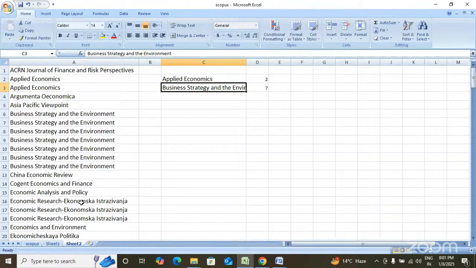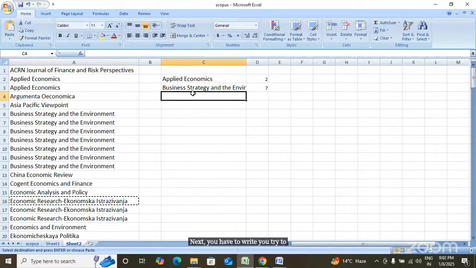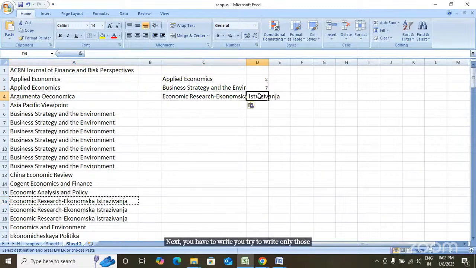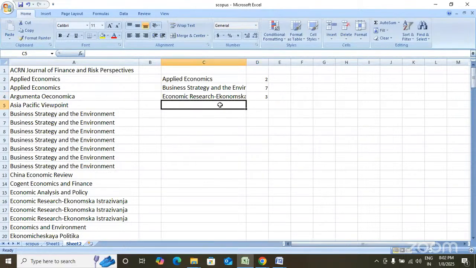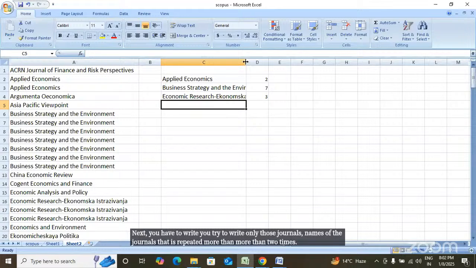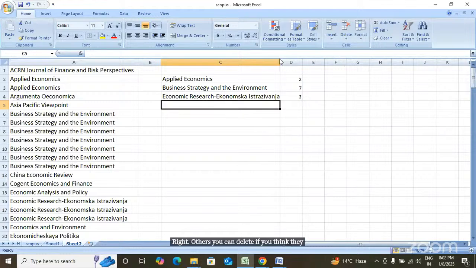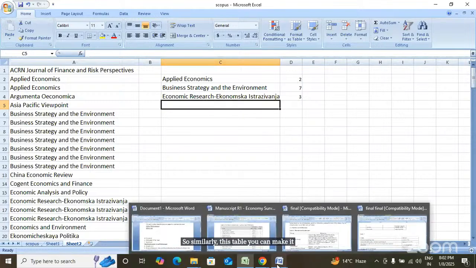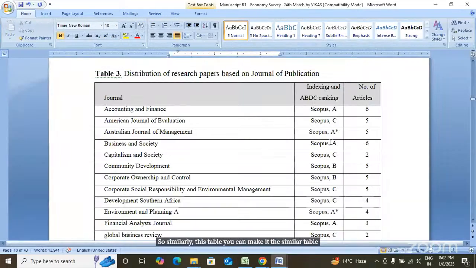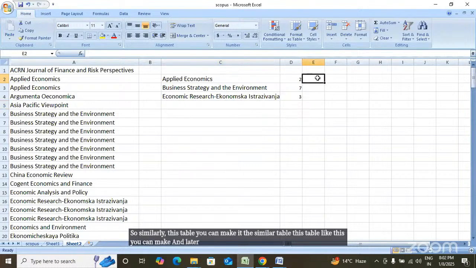Next, you write only those names of the journals that are repeated more than 2 times. Others you can delete if you think they are not good journals. Similarly, you can make this table, and later on you can see whether the journal belongs to the ABDC category or not.